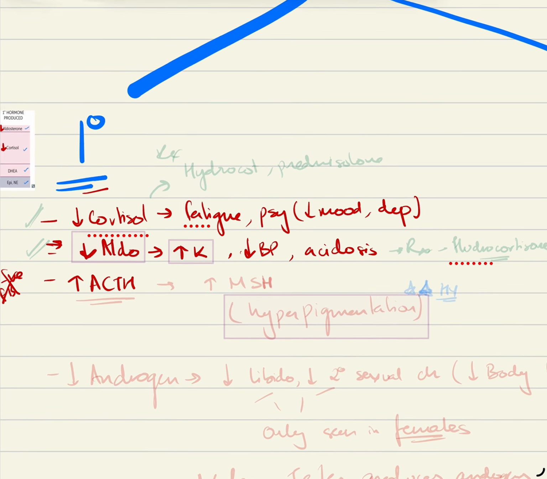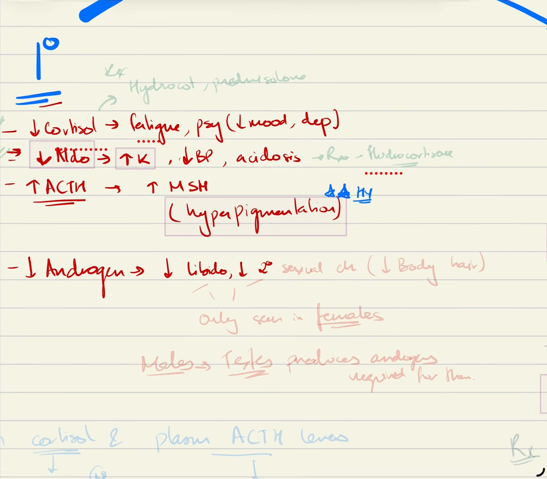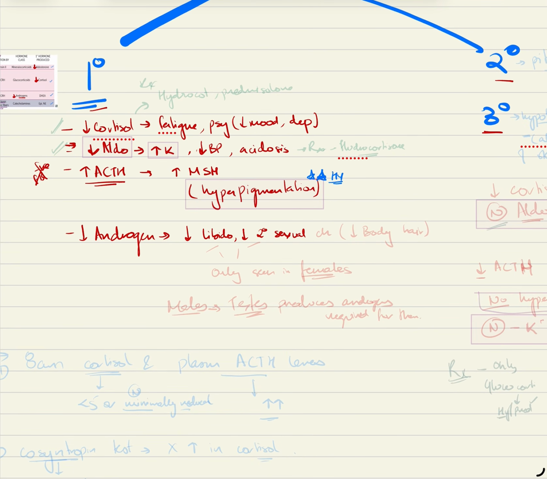Then because of ACTH, there is an increase in melanin production because of MSH hormone, and that is why these patients present with hyperpigmentation, which is a kind of high yield clue to know. All right, and also because of decreased androgens, you get decreased libido and decreased secondary sexual characteristics like decreased body hair.